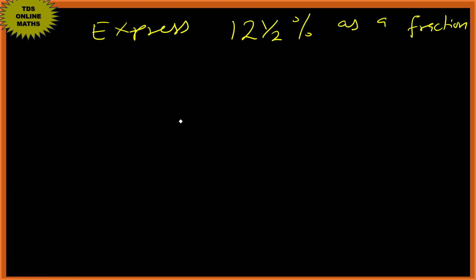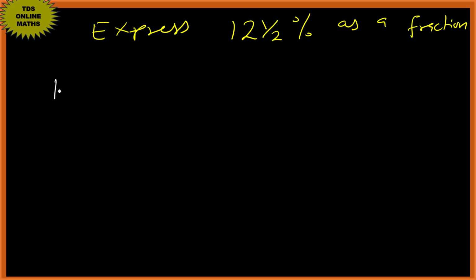Right, let's express 12.5% as a fraction. So just as I said, percentage means out of 100. So this one, 12% means 12 on 100. But we need to change this, okay?